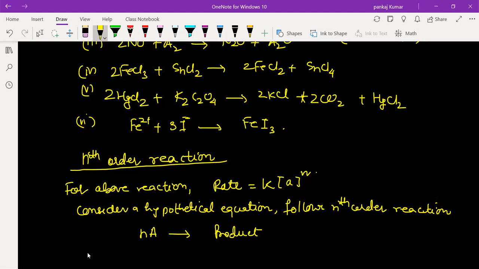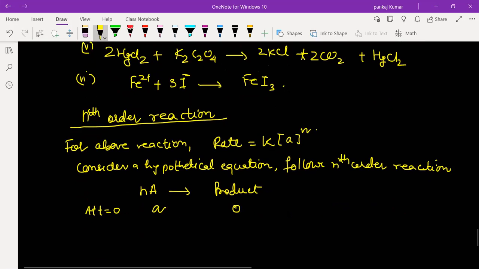So at t equal to 0, this will be a and this will be 0. And at time t, this will be x, and this will be a minus x, right?